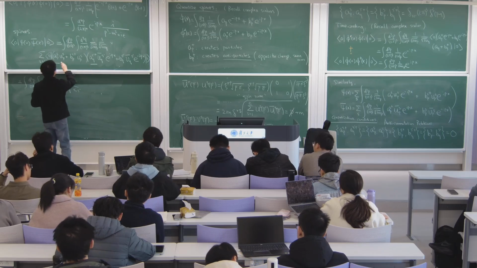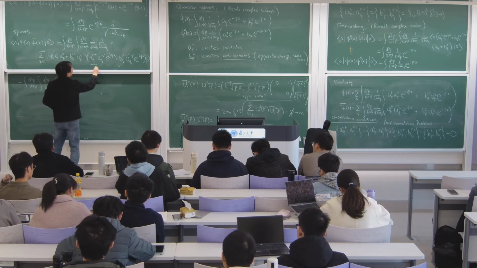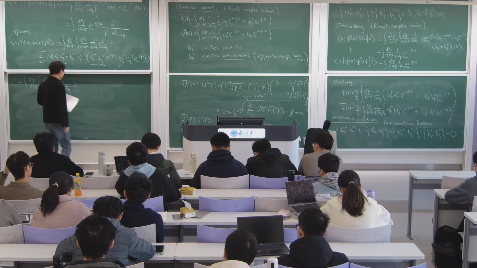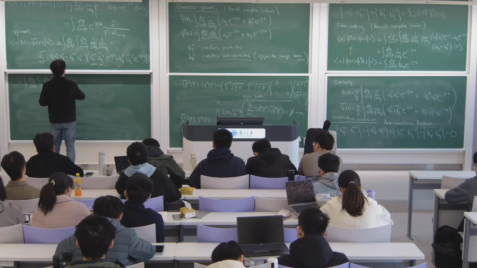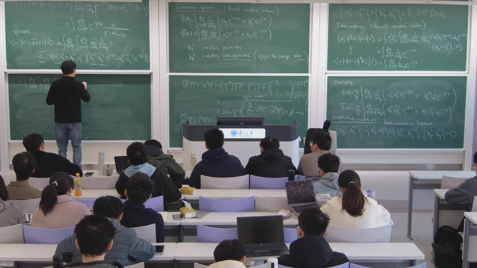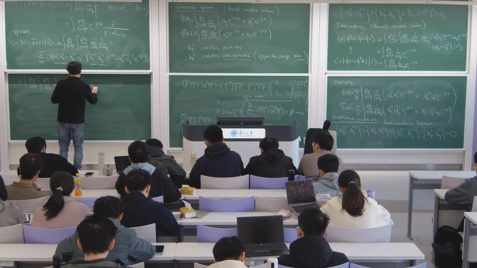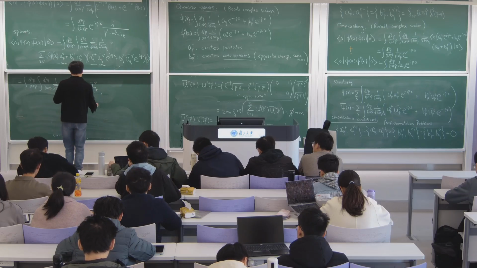There will be a u_p^s and a ū_q^s' bar. Okay. They are together with this a†a term. So we have to compute them. So there's a u_p^s ū_q^s'.